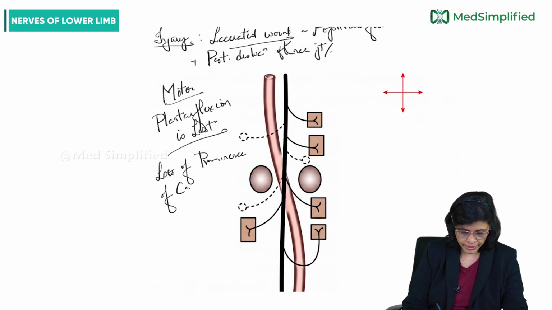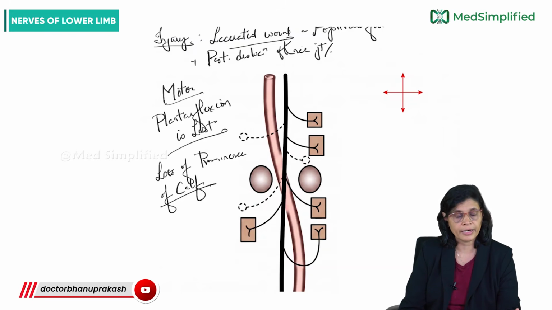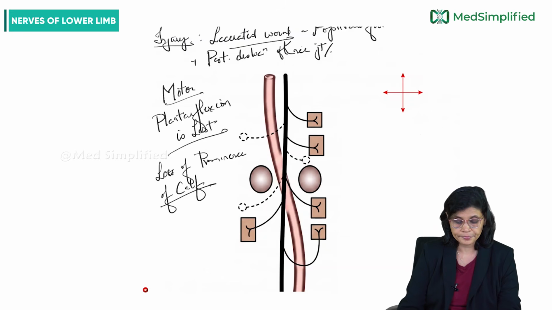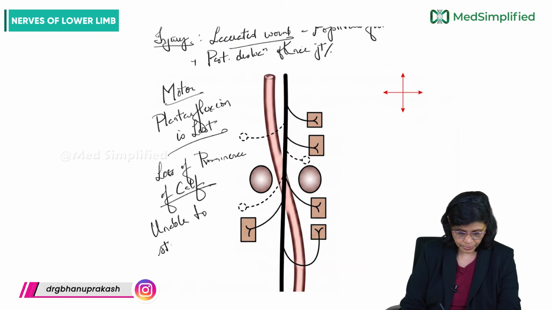Then the plantar flexion, as I already told, is lost because there is paralysis of the plantar flexors of the ankle, and because of the loss of plantar flexion, the patient is unable to stand on toes.